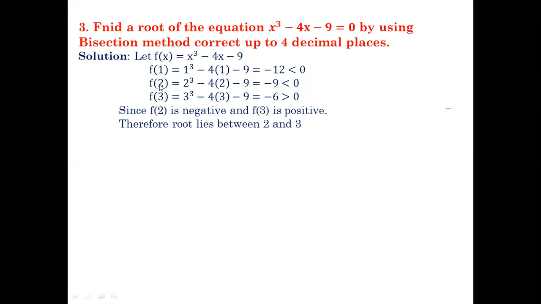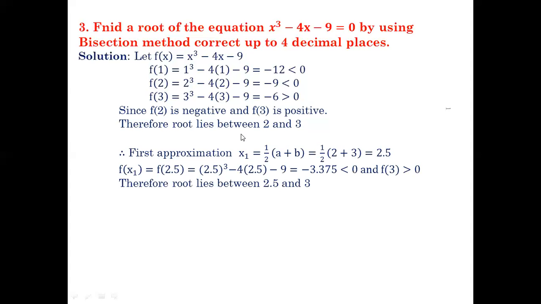Therefore, f(2) is negative and f(3) is positive. Therefore, the root lies between 2 and 3. Therefore, the first approximation x1 equals 1/2 into (a plus b). a plus b is 2 plus 3, 2 plus 3 is 5, by 2 is equal to 2.5.